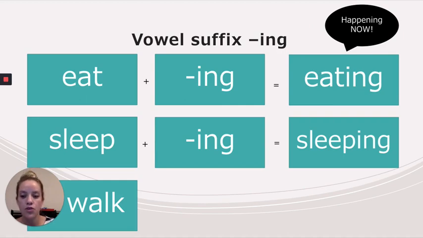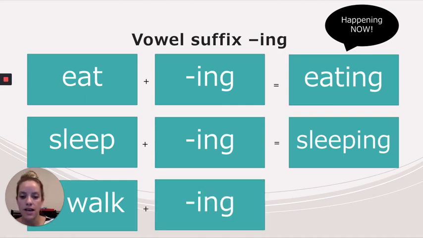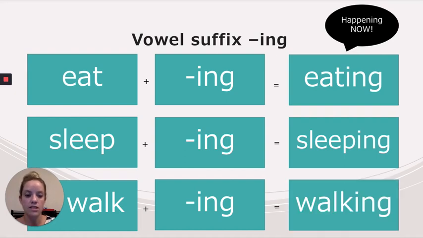I need to go for a walk. If I add ing to that, I wouldn't say I need to go for walking. I could say I am walking, or he is walking, right? So our new derivative would be walking. Okay.